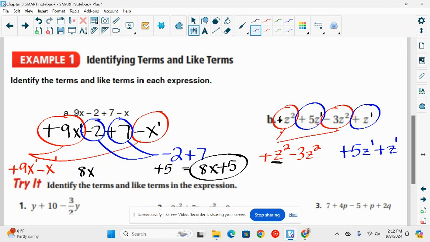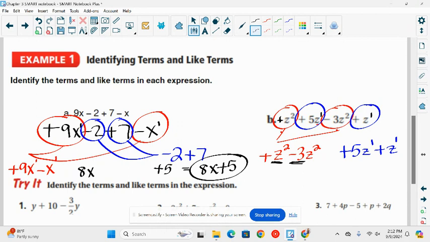Okay, so here I have a z squared and I'm taking 3 z squareds away. So it's like I have one zebra, take 3 zebras away. So what would that be? One zebra, take away 3 zebras would be, I would put it in my calculator if I didn't know.